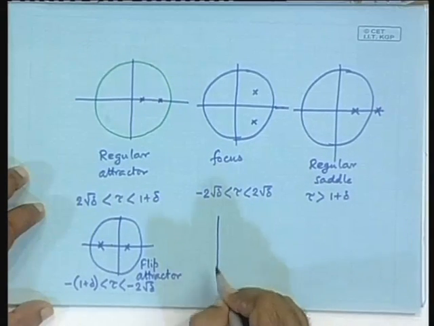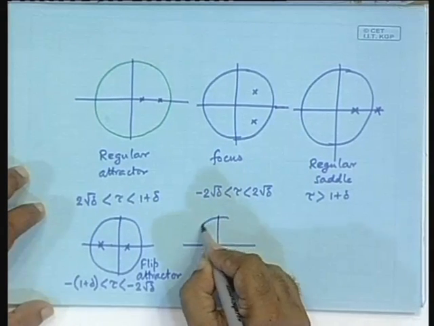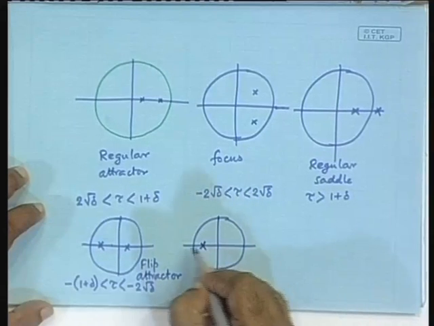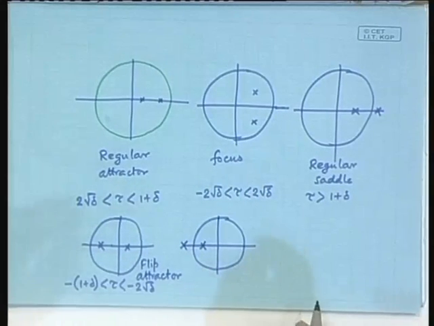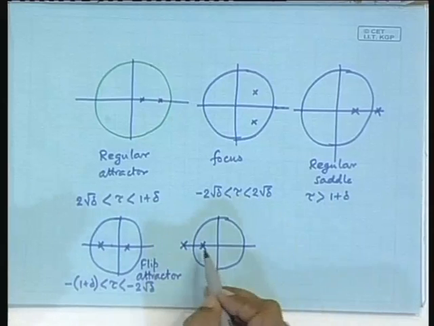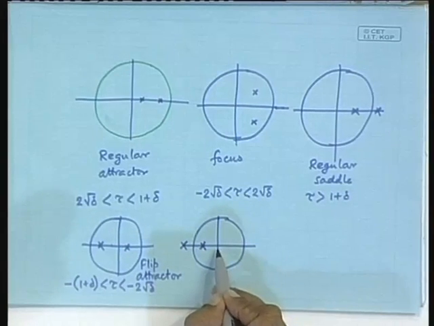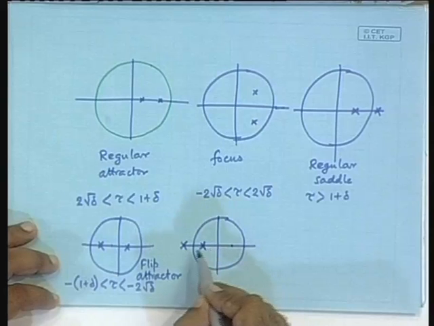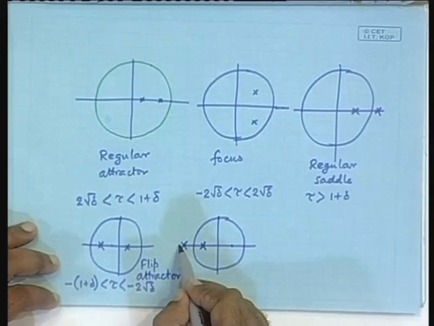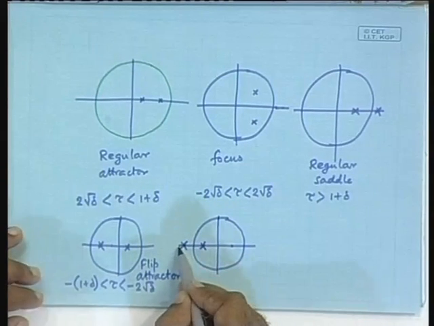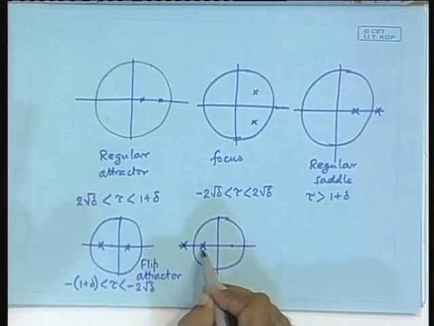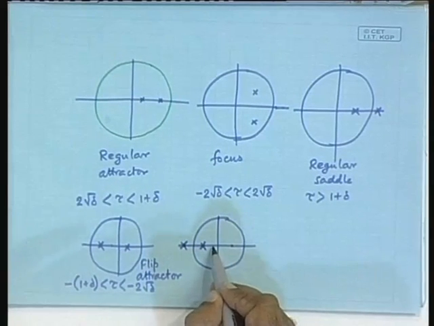Next, what is it called? Okay, this could be here also. That means I am saying that one eigenvalue is outside the minus 1 point, that means it has gone out, and the other one could be this side or that side.